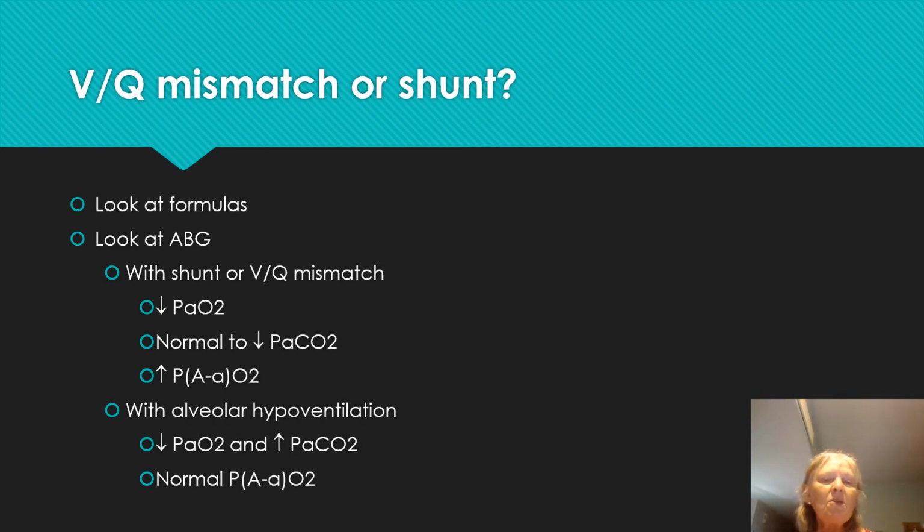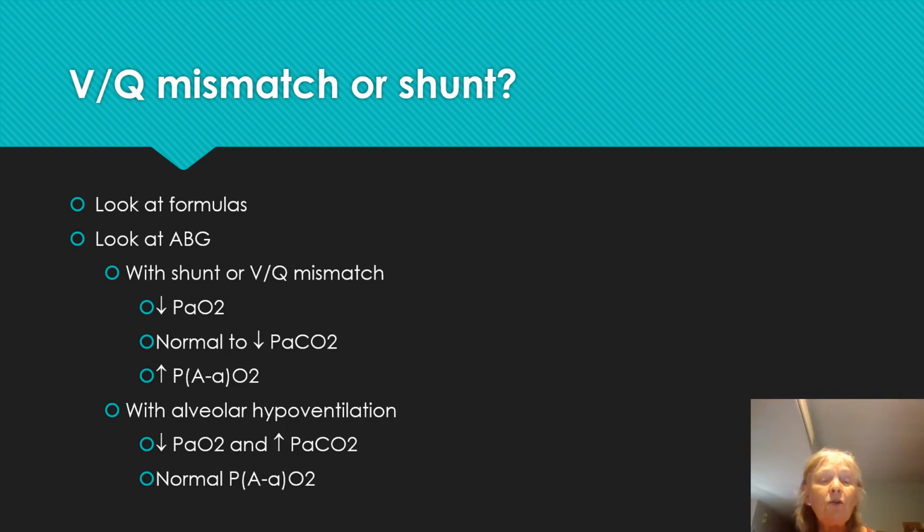So for the VQ mismatch or the shunt, we're going to look at our different formulas. We're also going to look at the ABG, okay? With both a VQ mismatch and a shunt, we have a decrease in our PaO2, and we have that decrease because of poor gas exchange. However, the PaCO2 can either be normal or decreased. It depends on what's going on with them at that point.